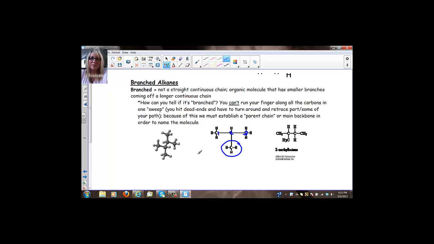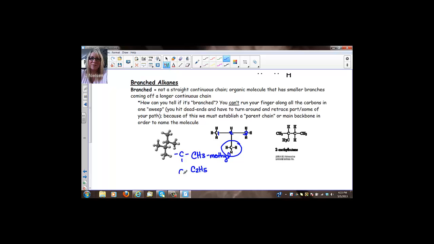Now, if I have one CH3 group, that is a methyl group. And meth comes from 1 C. If I had C2H5 coming off of this, so here's my CH3, okay?